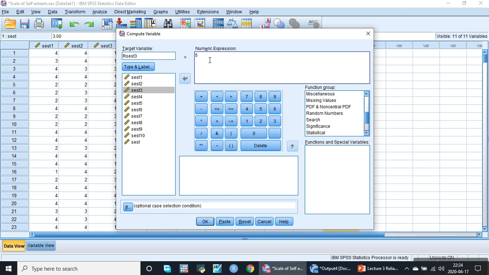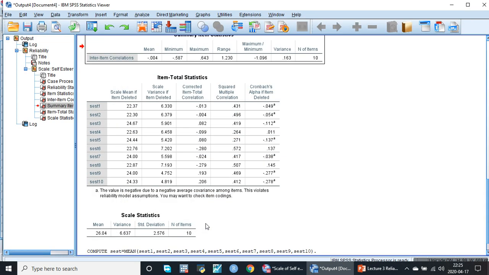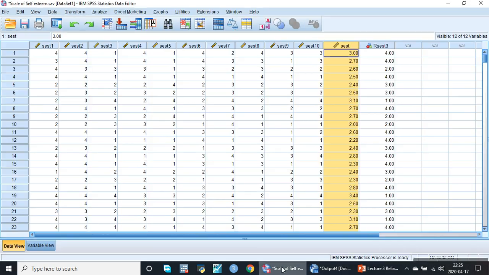So if your scale is of 4 points, you will write 5 minus this variable. If you are using a Likert scale of 5 points, then you will write 6 and subtract the reverse coded question. You will click on OK, and SPSS will show this is the reverse.